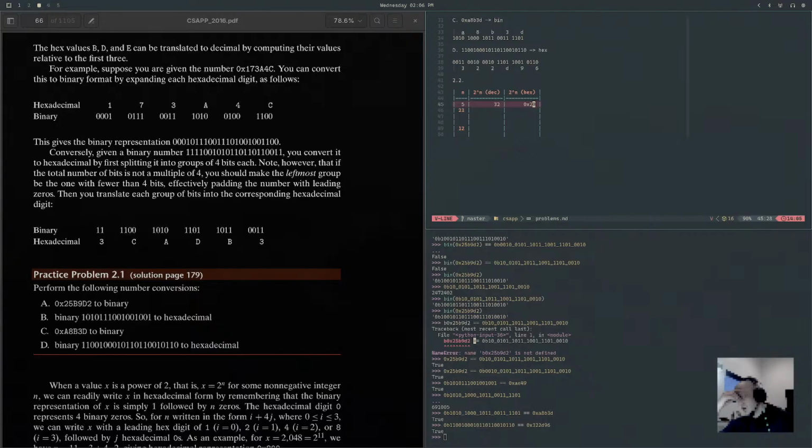Let's see, we got 8, 4, 8, 12, 16, 32. Oh no, it's 2 to the power 5. 2 to the power 5, which means that we have 5 zeros. Which means it's 1. Should it be 1 0?